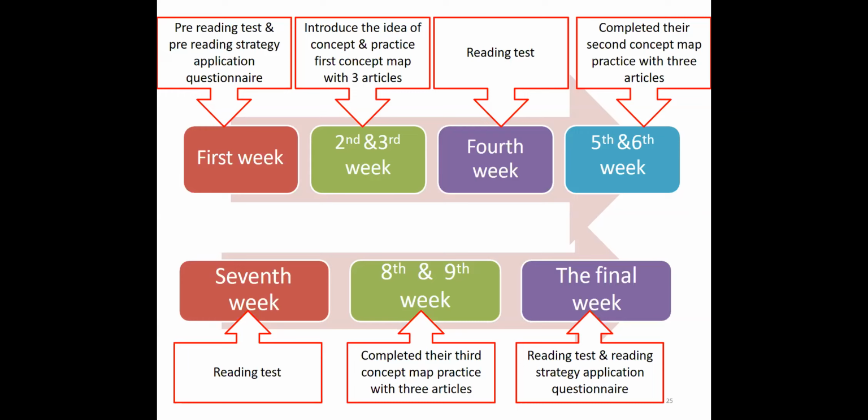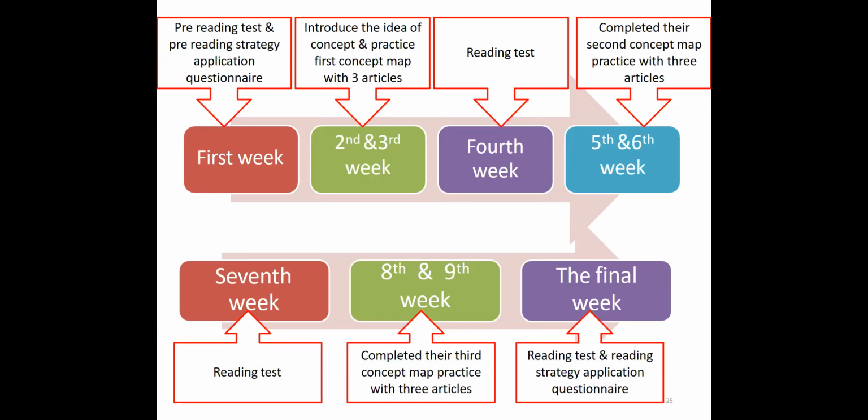The 4 classes of students, a total of 192 intermediate English proficiency level freshmen, participated collectively in the pretest during the first week, so that information about the subjects' English ability and reading strategies application could be collected. The researchers chose subjects from 2 classes as the experimental group and students from the other 2 classes as the control group.